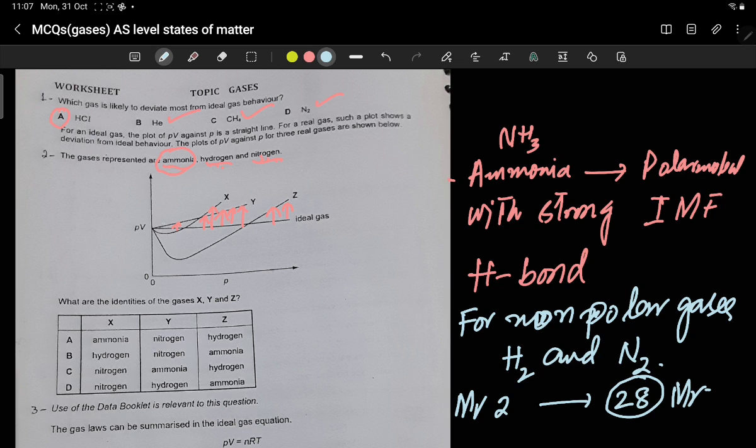So hydrogen, H2, can be determined as the gas with less Mr, and nitrogen is X. The gas which deviates most is ammonia, NH3, because it is a polar molecule as well as having strong hydrogen bonding, so it deviates most.